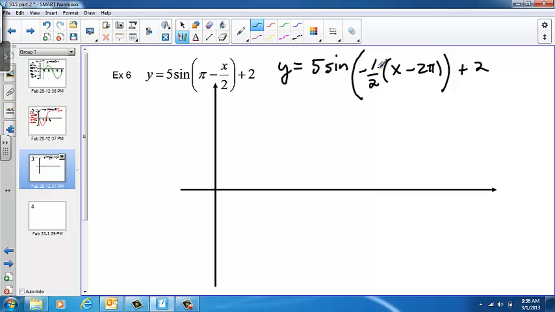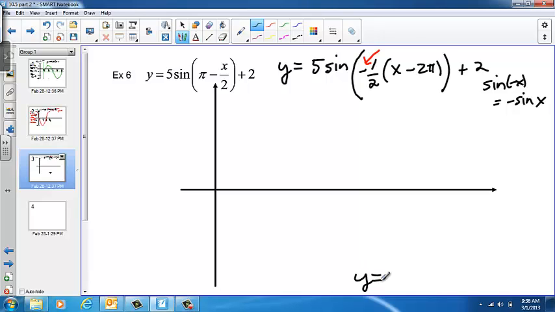And then I'm going to do one more thing. Recall that the sine function is odd, meaning the sine of negative x is equal to the opposite of the sine of x. So because the sine function is odd, and I've got that negative sign there, I can rewrite this function this way. I'll do it down here on the bottom.